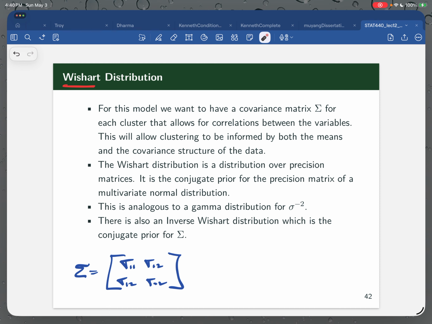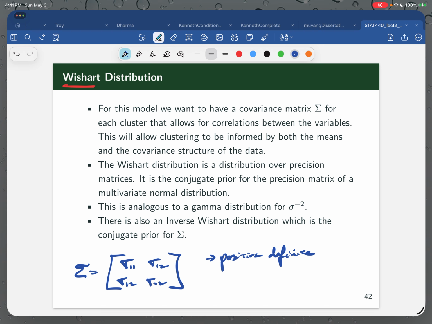We can think of these sigmas as being random, and in fact, as good Bayesians, we are comfortable saying these sigmas are random. And yet they can't be anything. The off-diagonal elements have to be equal so that this is symmetric, but there are other requirements on a covariance matrix. A covariance matrix, for instance, has to additionally be positive definite.